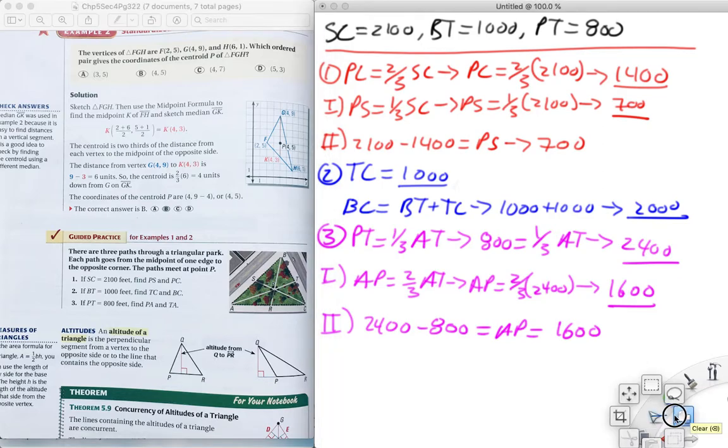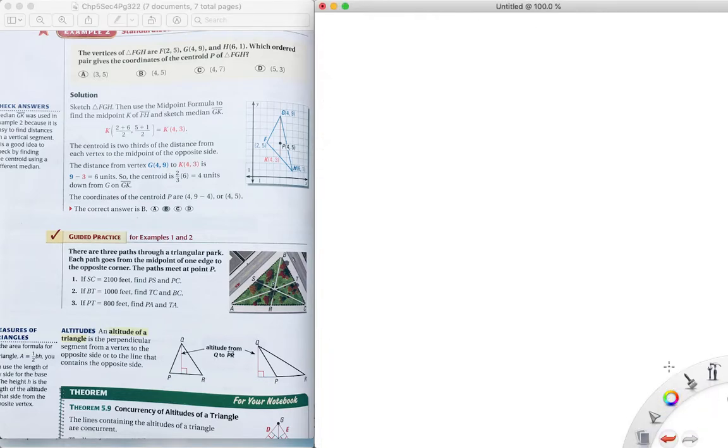And the altitude of a triangle, you guys kind of already know what the altitude is. When you do the equation for area of a triangle, base times height, altitude and the height are pretty much the same thing.